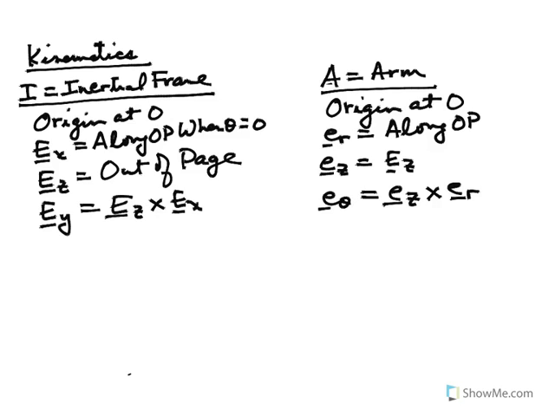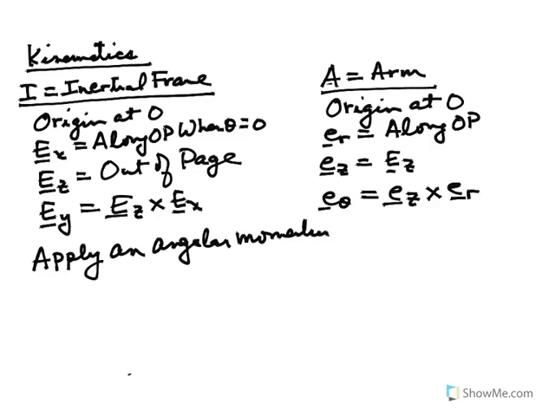So now we're going to use angular momentum, and we're going to use it relative to point O. So we're going to apply an angular momentum balance relative to the hinge point.